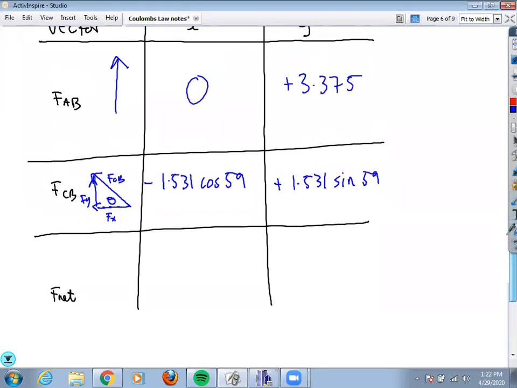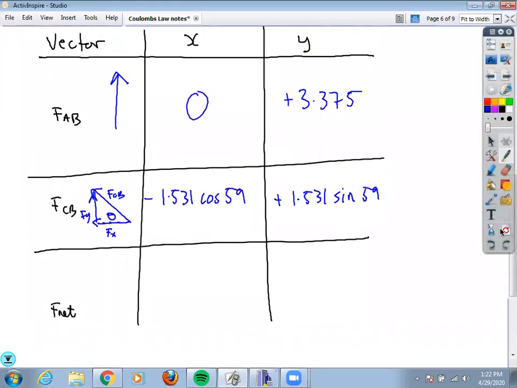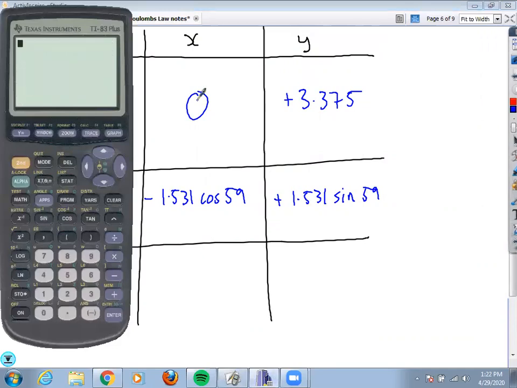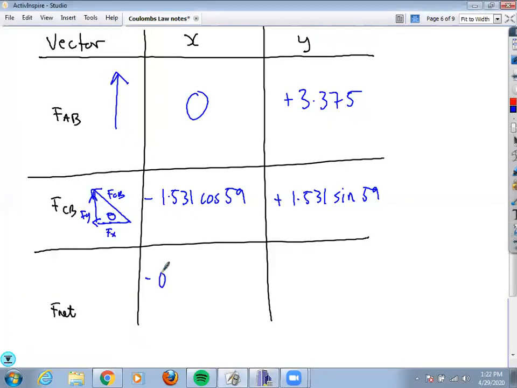Now we can get our Fnet. So our total x will be 0 plus, we know it's negative, so it's going to be 0 minus 1.531 cos 59. So negative 0.7885.